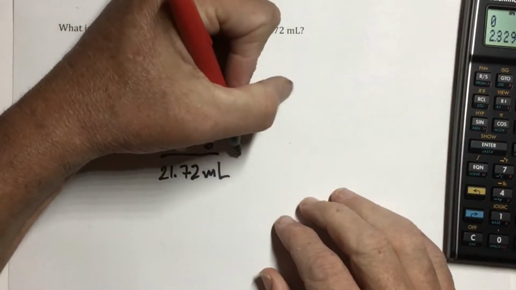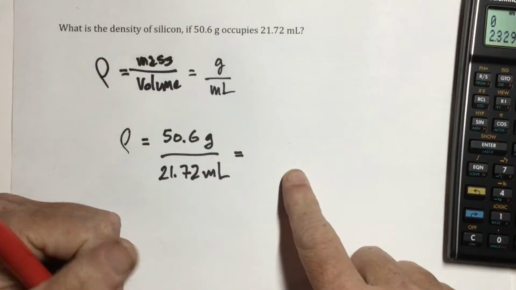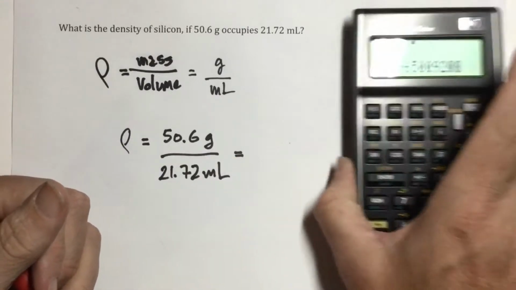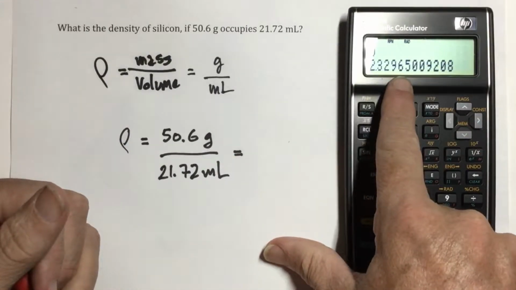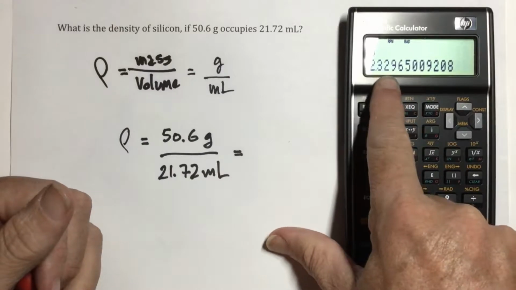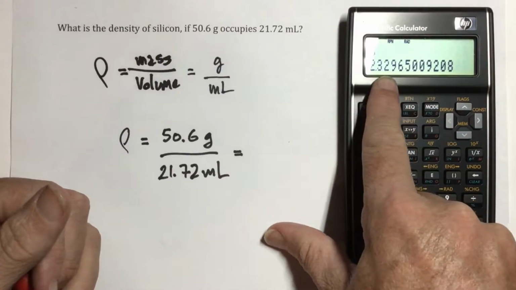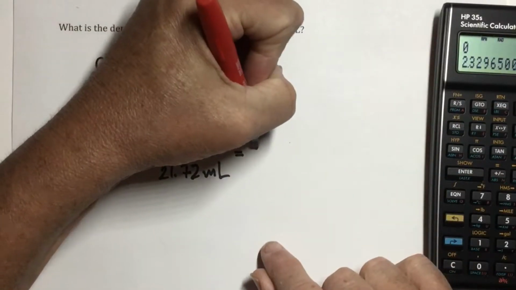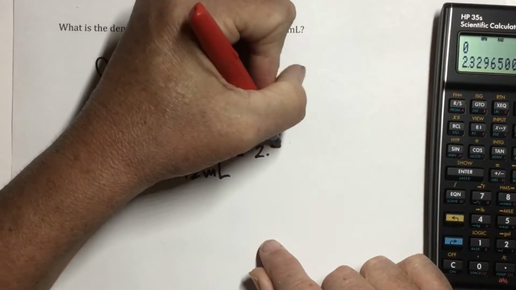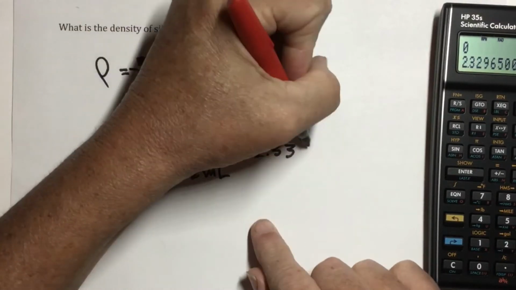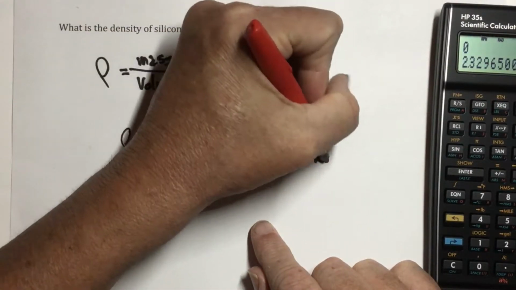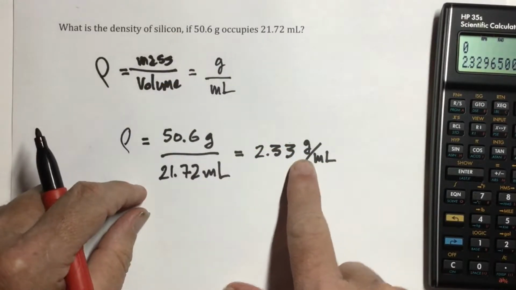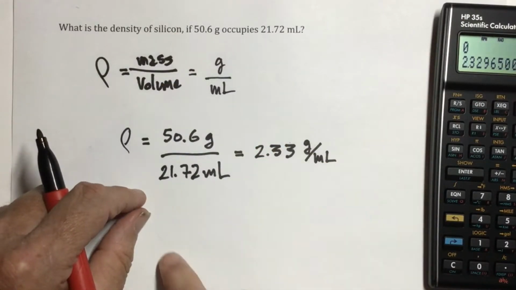That comes out to 2.329. Now I should have three significant figures. 2.3296, well, I'm only going to go back as far as 2.32, but the 9 will make that last 2 a 3. So 2.33, and my units are grams per milliliter. So there you go. The density of silicon is 2.33 grams per milliliter.